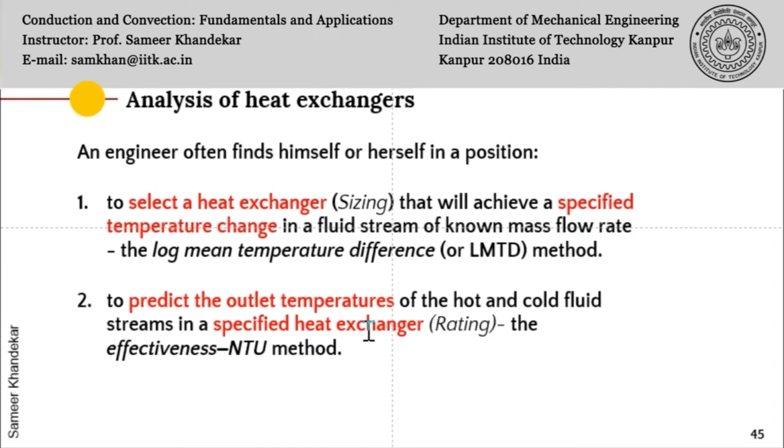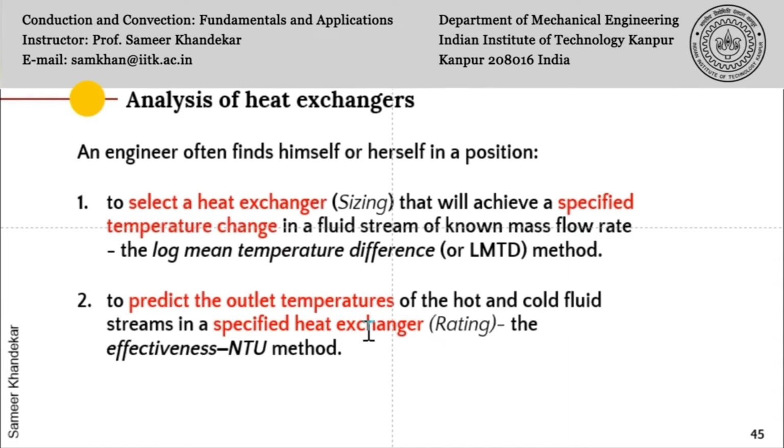Such problems can be solved by another elegant method, which is called the NTU effectiveness method. After we study the LMTD method, we will also study the NTU effectiveness method. NTU means number of transfer units, and we will spend a considerable amount of time after these lectures to understand the effectiveness of a heat exchanger, and NTU.